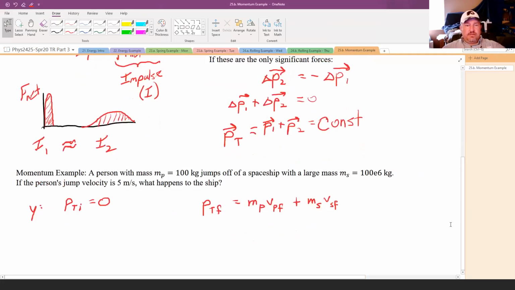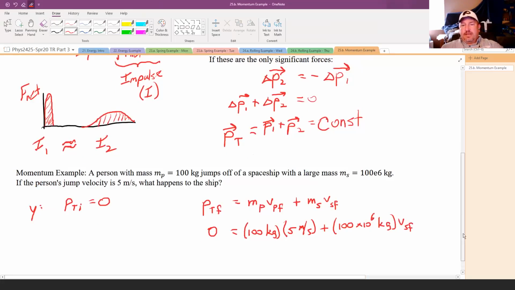So let's substitute in what we know. This is 0. This is 100 kilograms. This is 5 meters per second. And this is 100 times 10 to the 6th kilograms, and V ship final is unknown.